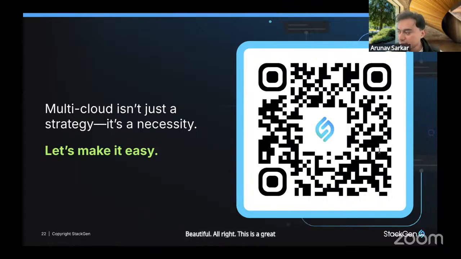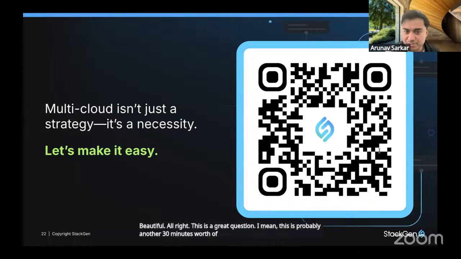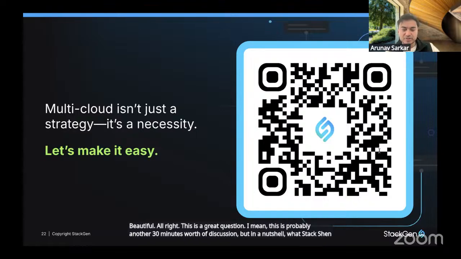So, I mean, this is probably another 30 minutes worth of discussion, but in a nutshell, what StackGen does is provide out-of-the-box generated IaC modules that can be migrated from cloud to cloud.